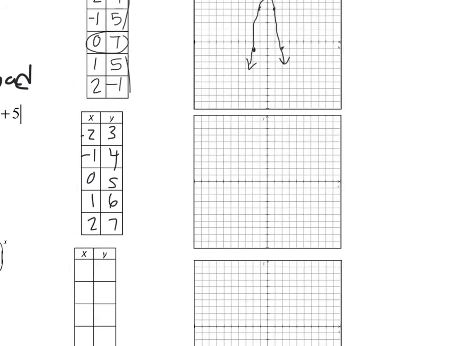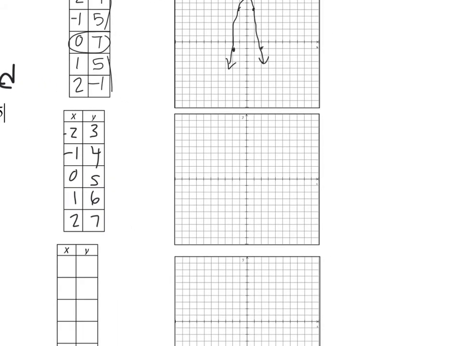And if you graph this one, it's going to be absolute value, but when I graph this, 0, 5, 1, 6, 2, 7, -1, 4, -2, 3.